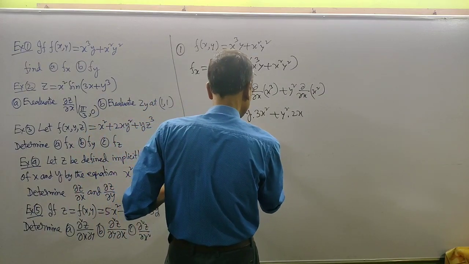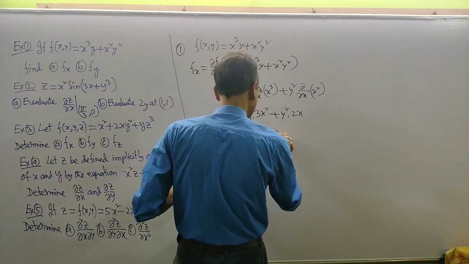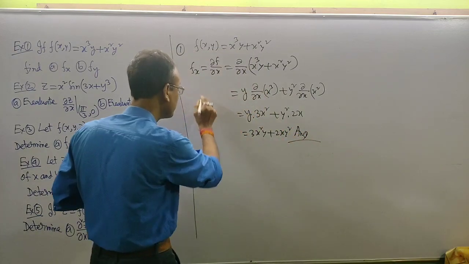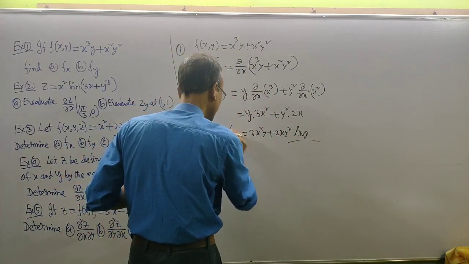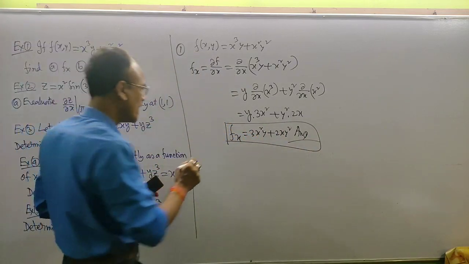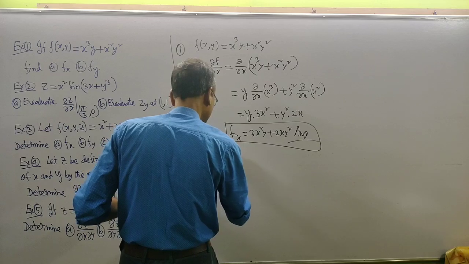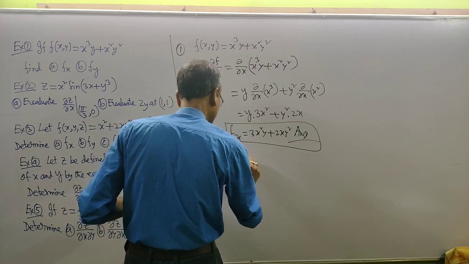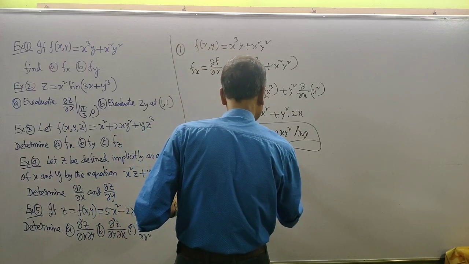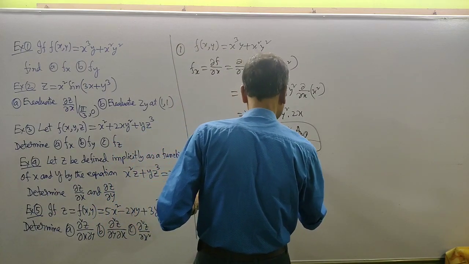This is equal to 3x square y plus twice x y square. This is the answer. Fx will be equal to this. Similarly, fy. Fy means del f by del y equal to del y of x cube y plus x square y square.